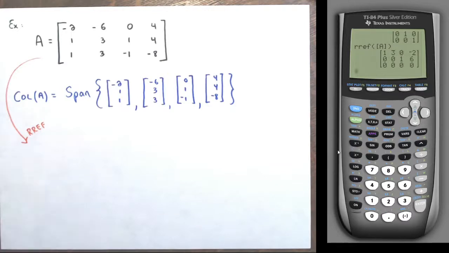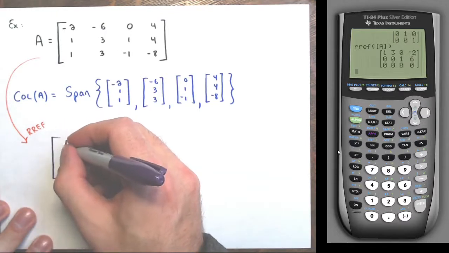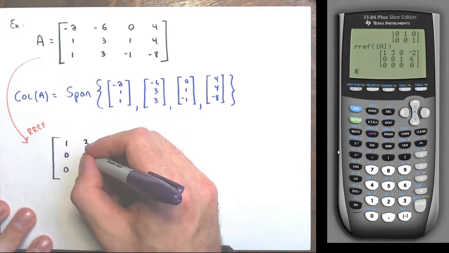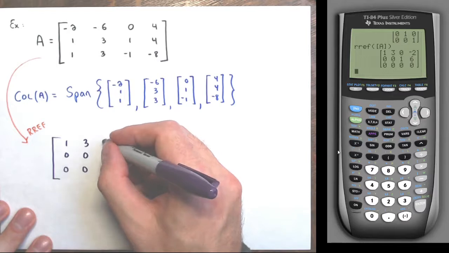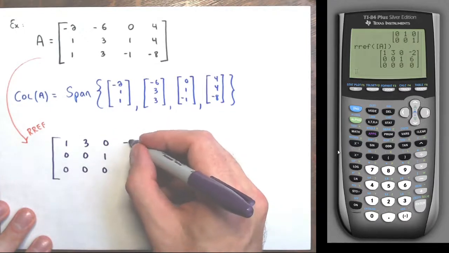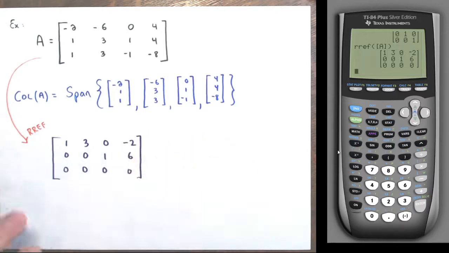And okay, you can very clearly see that not all of the columns are pivot columns. And I'll write this. You've got 1, 0, 0 for the first column, 3, 0, 0 for the second, 0, 1, 0 for the third, and negative 2, 6, 0 for the fourth.